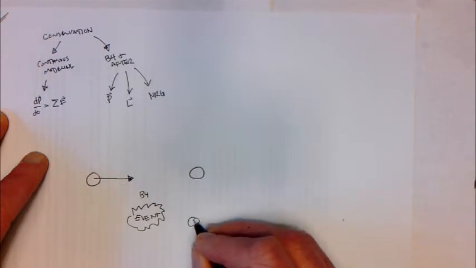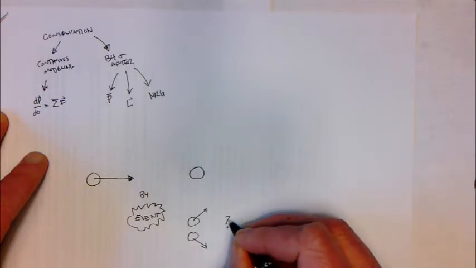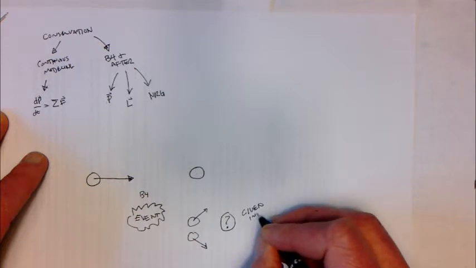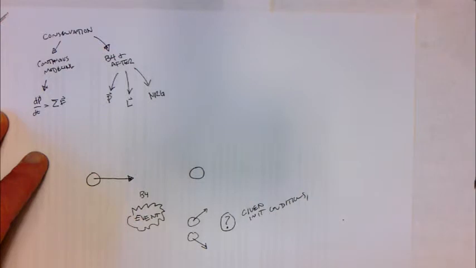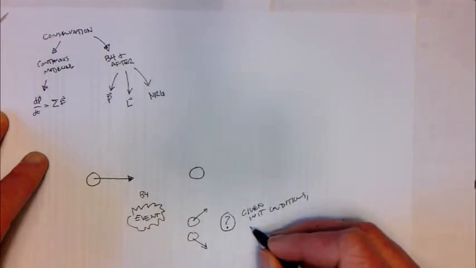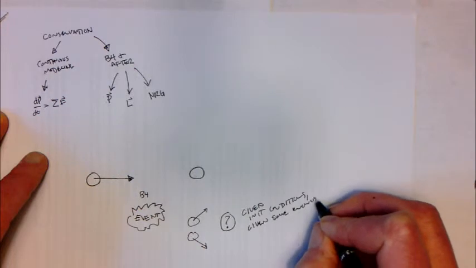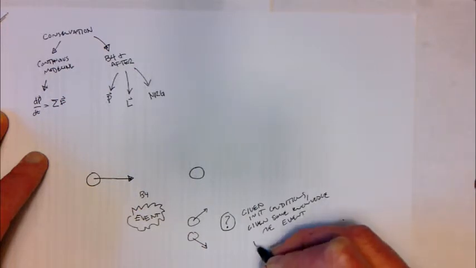And then after the event, one pool ball is traveling in one direction, one pool ball is traveling in the other direction. And you'd ask the question, given the initial conditions, and given what you know about this event, what's the final condition?